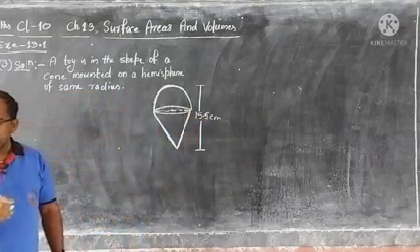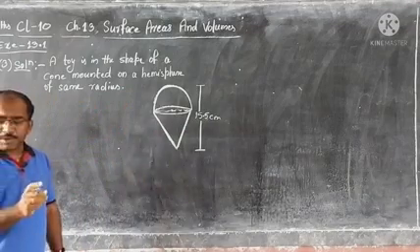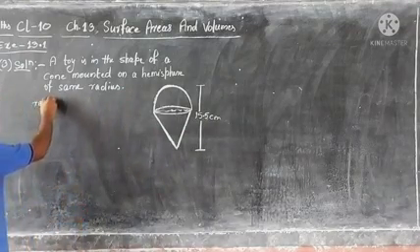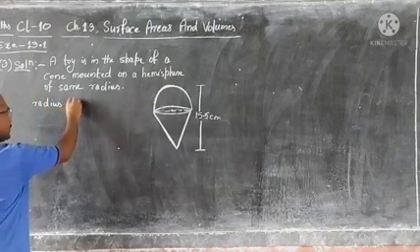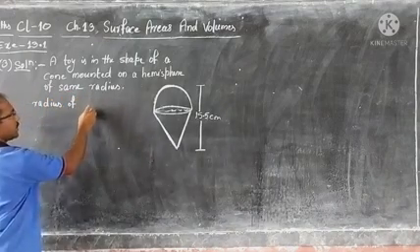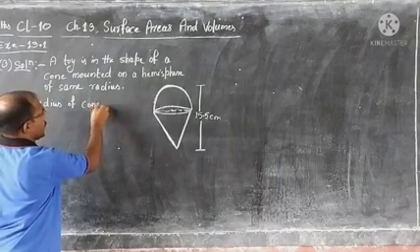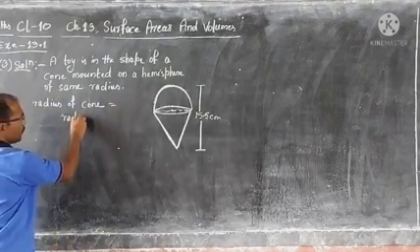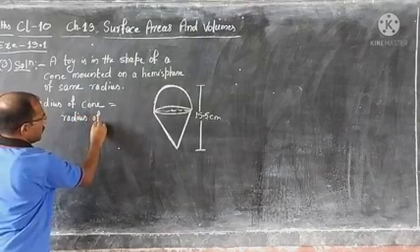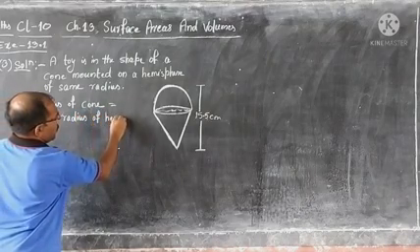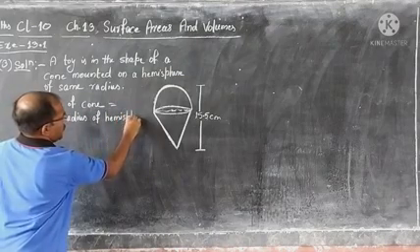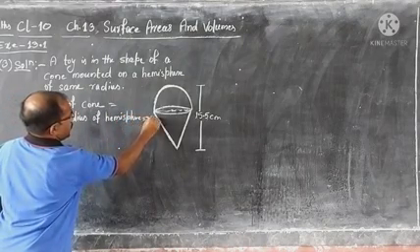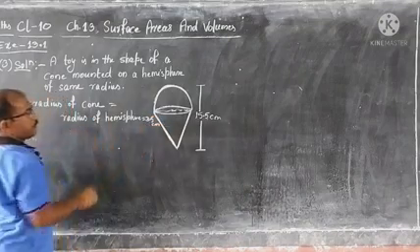Radius of cone is equal to radius of hemisphere, and that is 3.5 centimeter.